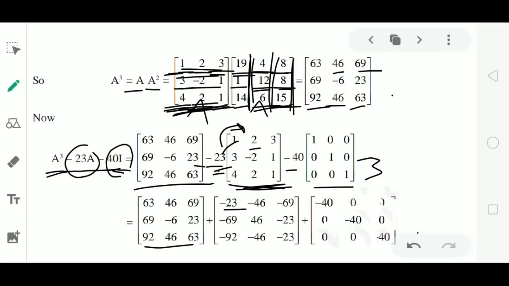Here we are multiplying minus 23 to each of the terms, so that I can write these two matrices as sum of the matrices.